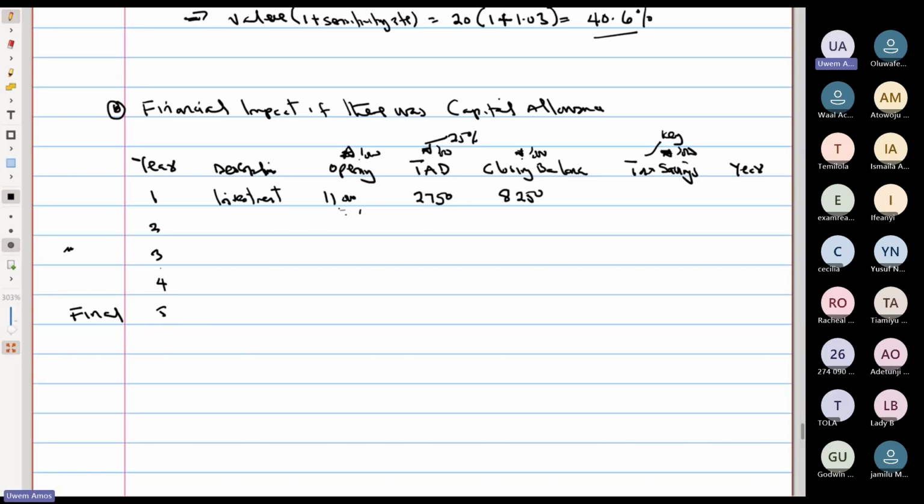Our closing balance becomes our opening balance the next year, which is 8,250. 25% of 8,250 is 2,063, taking off the decimal. So 8,250 minus 2,063 is 6,187.